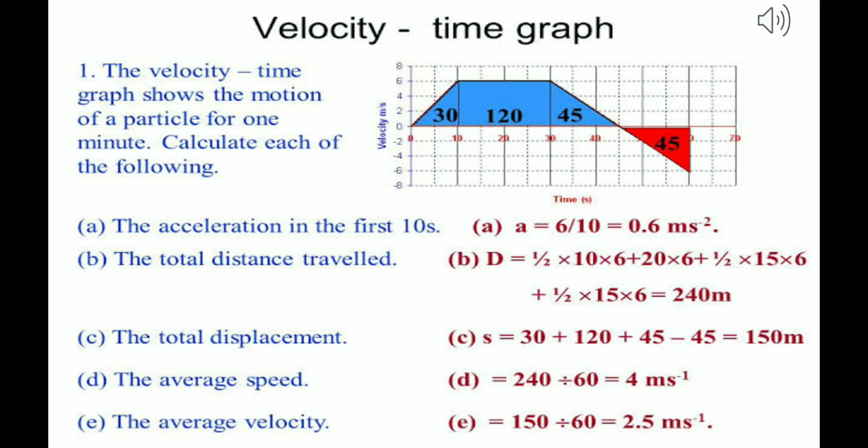The total distance traveled. How? By finding the area covered by the graph with the time axis. And we can find out the average speed and average velocity when we know the total distance traveled and total displacement from the graph.